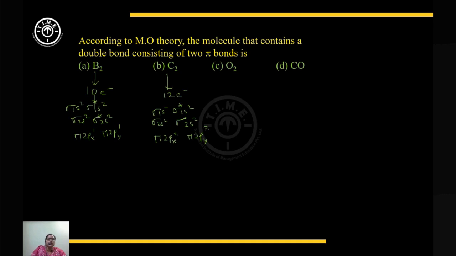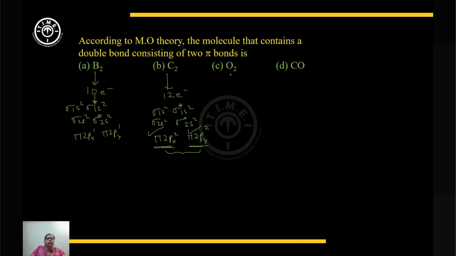This is the pi 2px and this is the pi 2py, so these are the bonds. A bond contains 2 electrons, so here we have 2 bonds. The total number of electrons is 8 plus 4, 12, and these are made up of pi orbitals. So it contains 2 pi bonds.